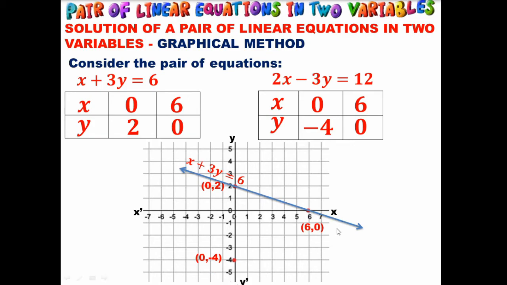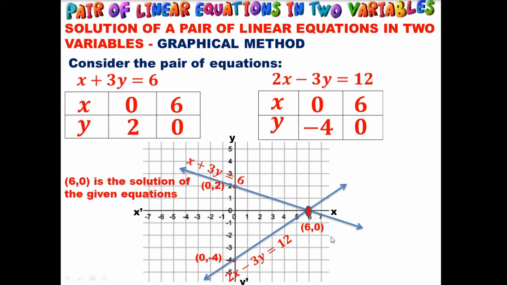So let me join these 2 points so that I get the straight line of the equation 2x minus 3y equals 12. And we see that the 2 lines are intersecting and they intersect at the point (6, 0). Therefore, I conclude that (6, 0) is the solution of the given equations.